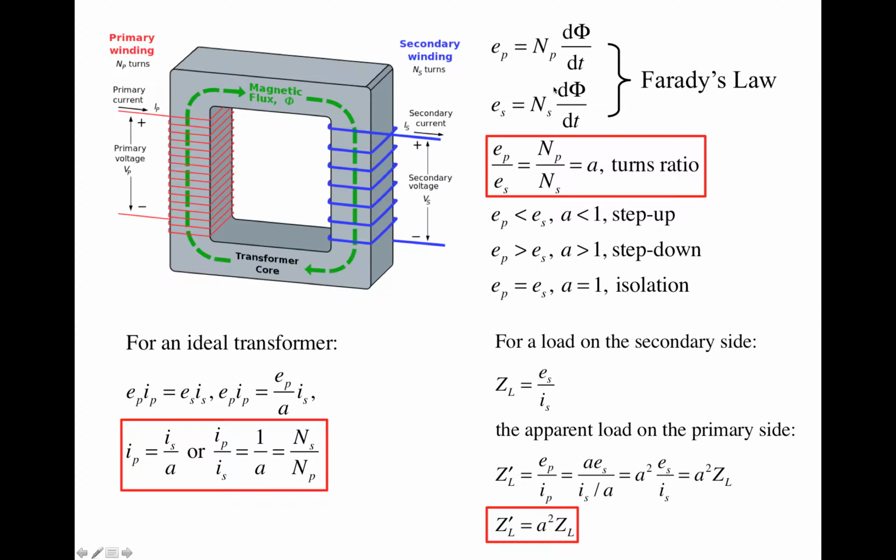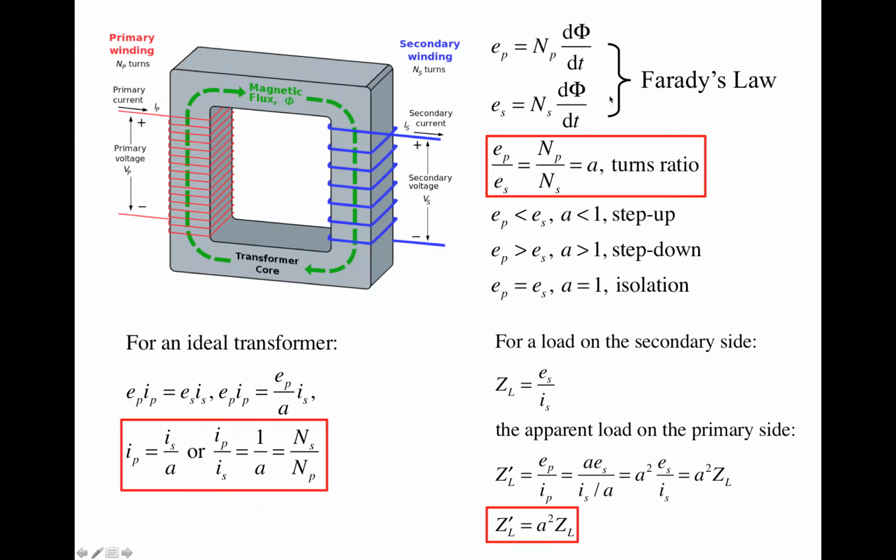And then the secondary side voltage, e_S, equals the secondary side number of turns in the coil, N_S, times the temporal rate of change of the same magnetic flux phi. It's the same magnetic flux that's linking both the primary and the secondary side.